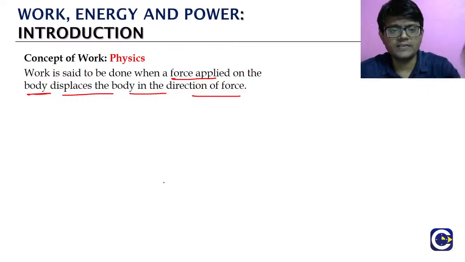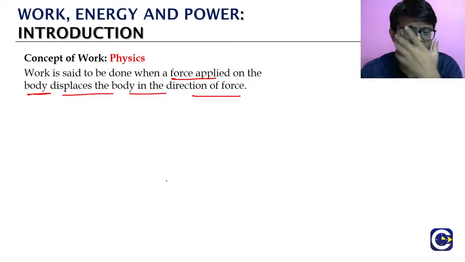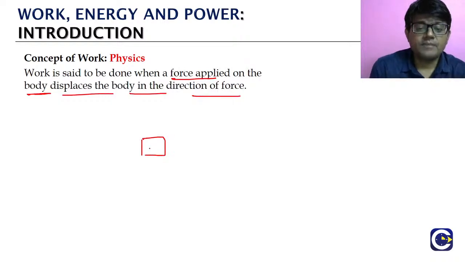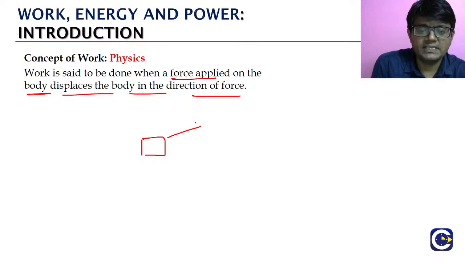So how do we define the work in the context of physics? When we are applying a force on a body, say there is an object, and we are applying a force on the object. Force may be in any direction. Let's say there is a force in this direction.